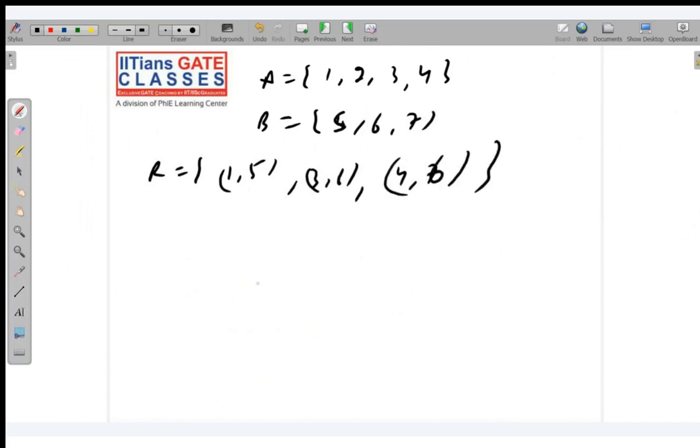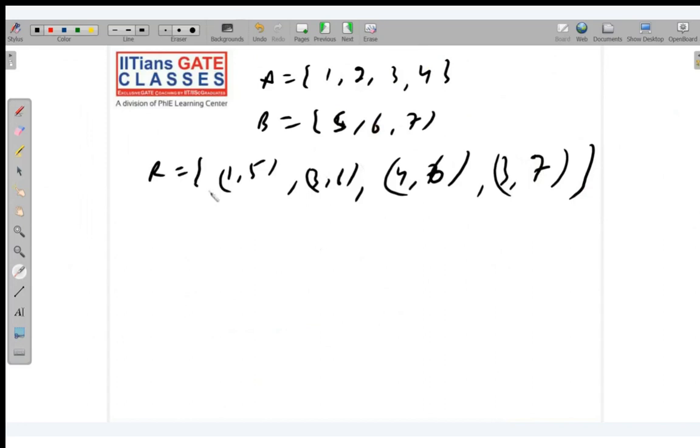Let me write another thing there, say (3, 7). This is a relation given to us. So what do you mean by this? This means that from set A, 1 is related to 5, 3 is related to 6, 3 is related to 7 also, and 4 is related to 6.